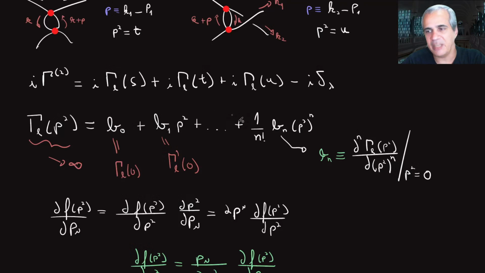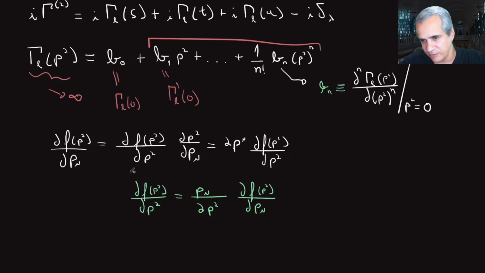That means that extra derivatives will only make the convergence better. So this whole part here converges, and the divergence needs to be here. And that's the point. Now I can write, and this is just gamma calculated at p squared equals 0.